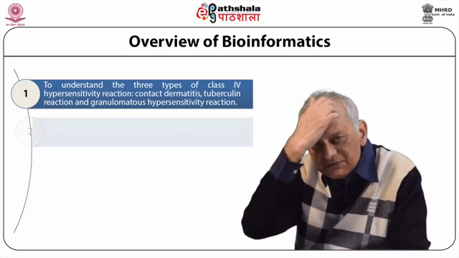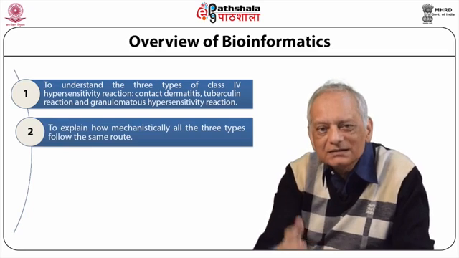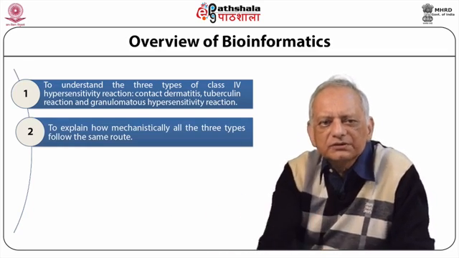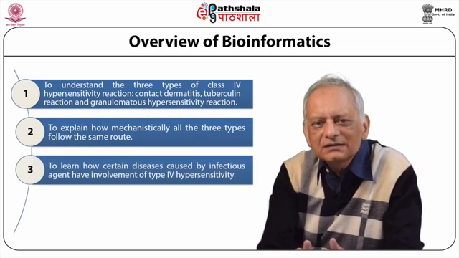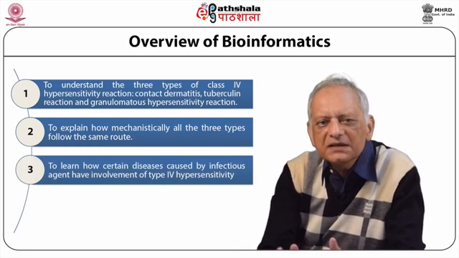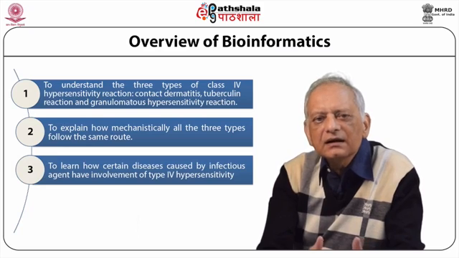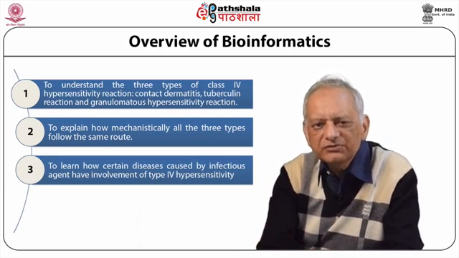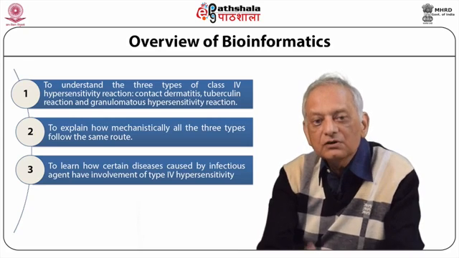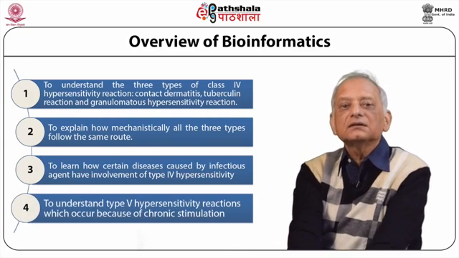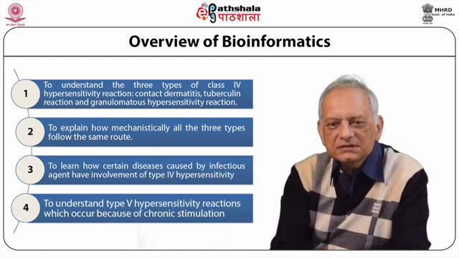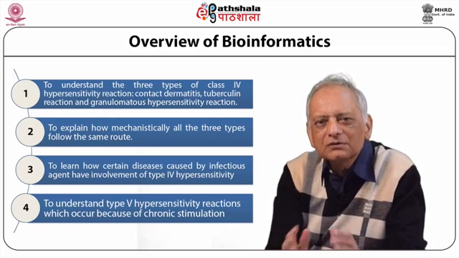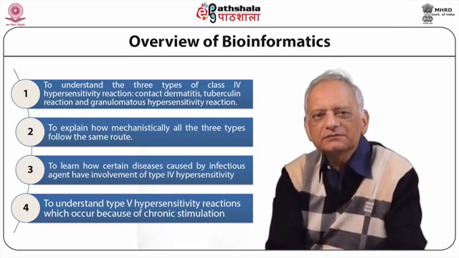The second objective is to explain how mechanistically all the three types follow the same route, and to learn how certain diseases caused by infectious agents involve this type 4 hypersensitivity. We'll also understand type 5 hypersensitivity reactions which occur because of chronic stimulation.